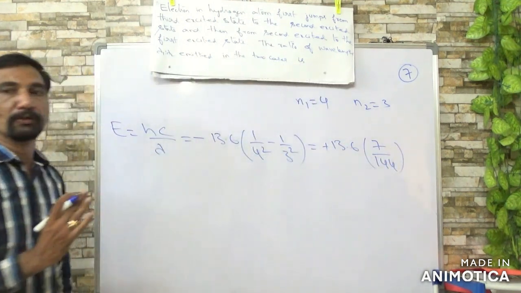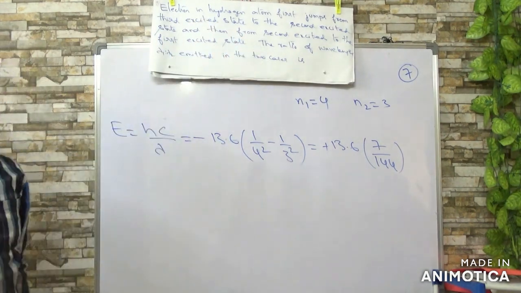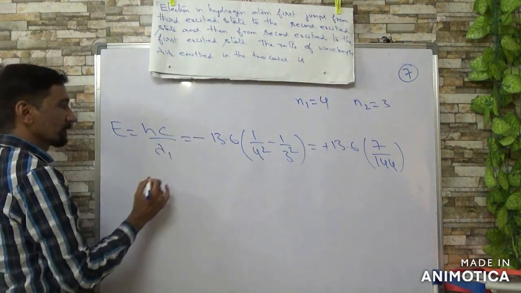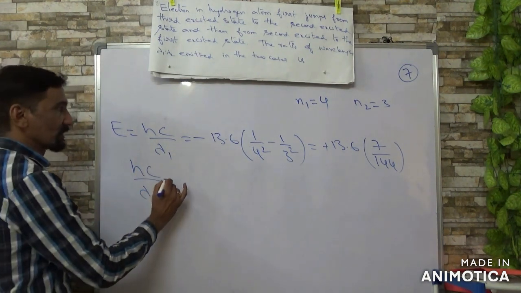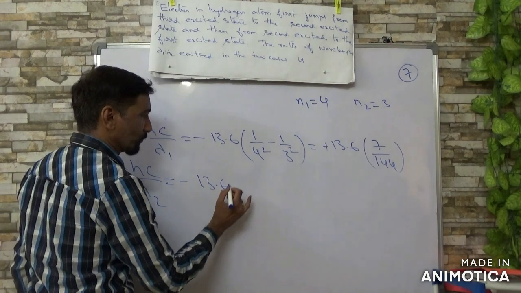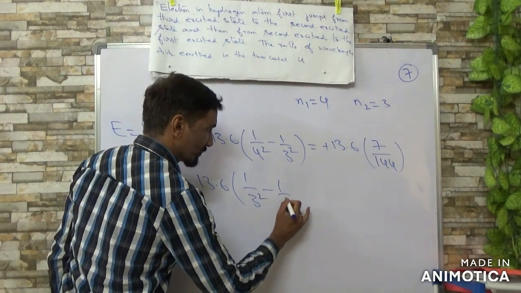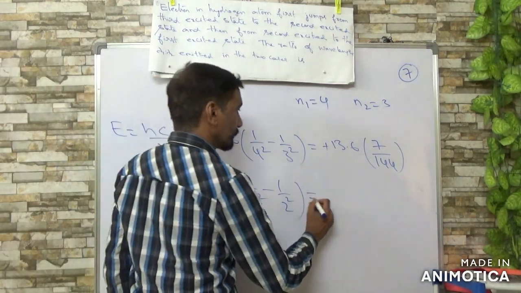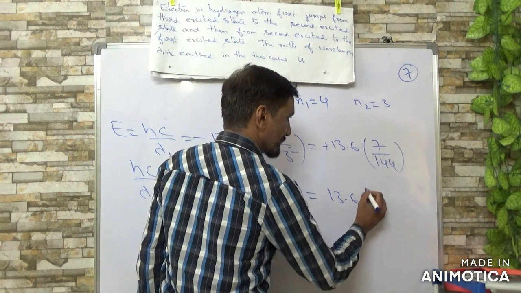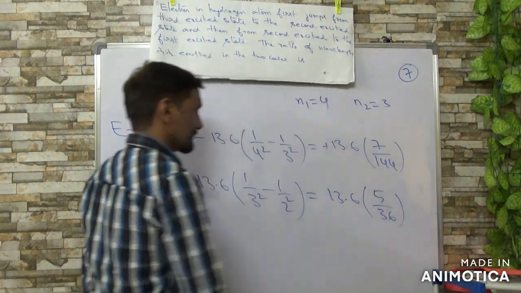Now in the second case, second excited to first, they are saying. So hc by lambda 2 is equal to minus 13.6 of second to first excited states, equal to 13.6 of 5 by 36.